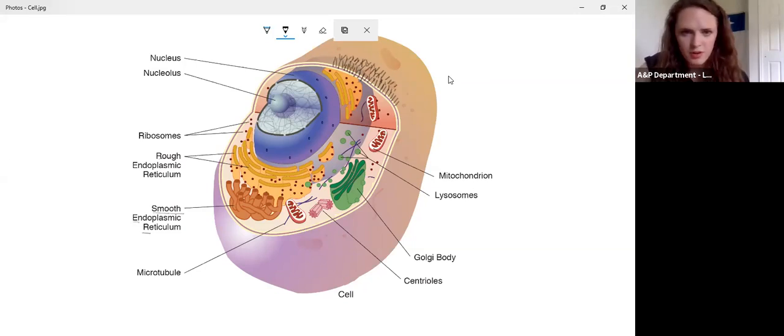Let's move on to rough ER. So this rough ER is found closer to the nucleus, and it is the site of protein synthesis. Your DNA here, we'll talk about this later, releases information into these ribosomes to make proteins. Okay, so the ribosomes make the proteins, and then the rough ER is going to fold those proteins.